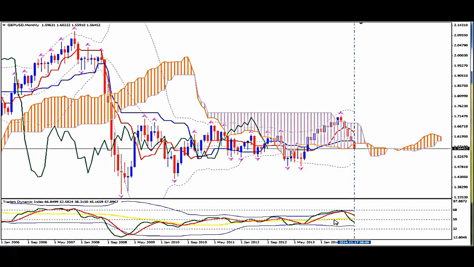Now, TDI is approaching the lower blue line. It hasn't made an angle yet, so we don't get any hint about potential reversal yet.